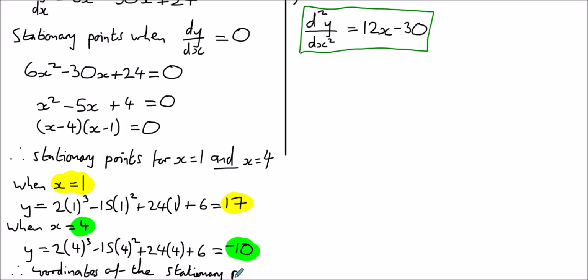Stationary points are 1 and 17 and 4 minus 10. So they're the two sets of coordinates where we have the stationary points.